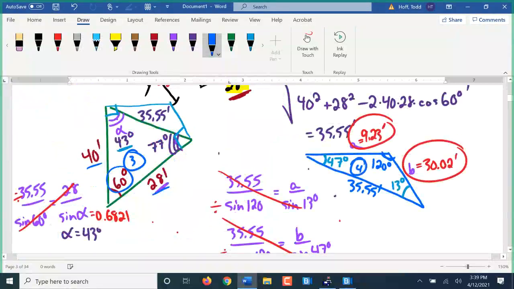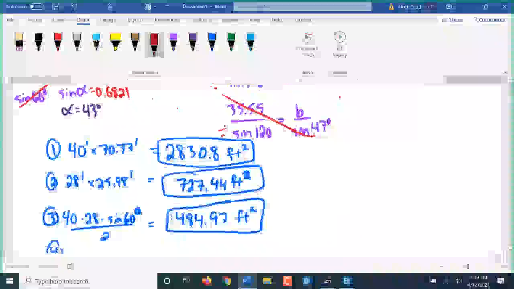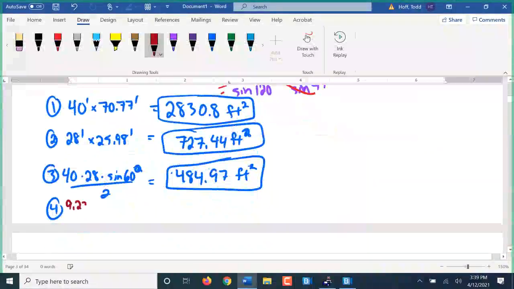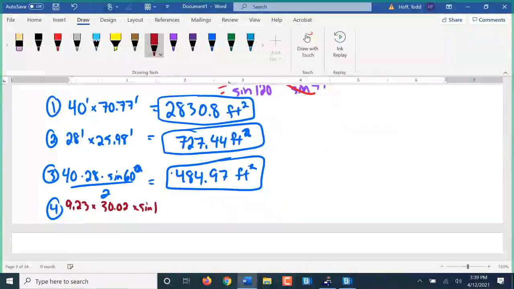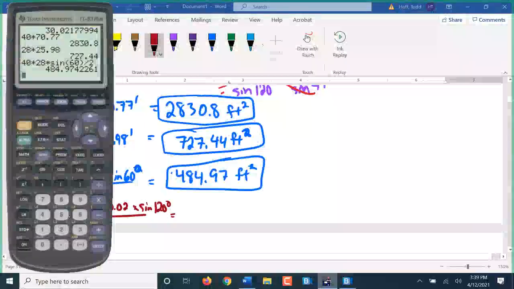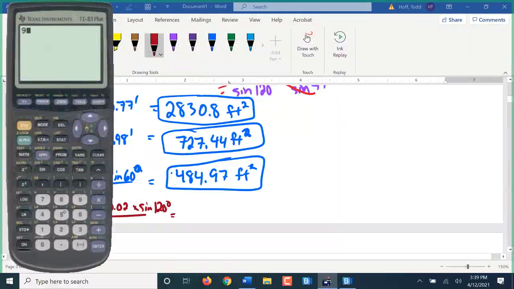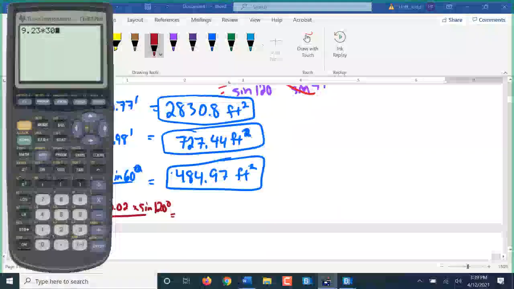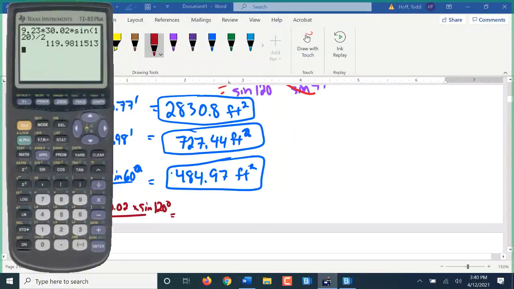Where's going to be this one over here? Same thing, really. 9.23 times 30.02 times the sine of 120 over 2. $19.98.